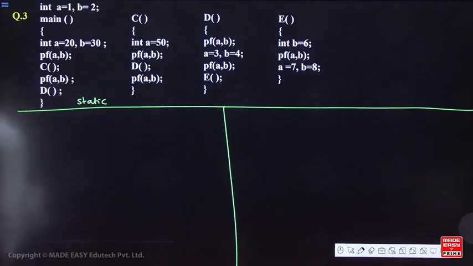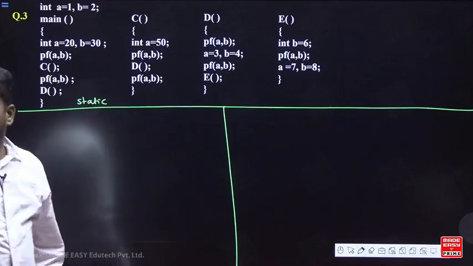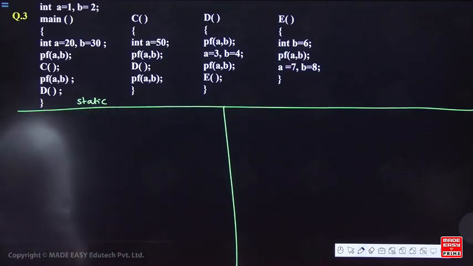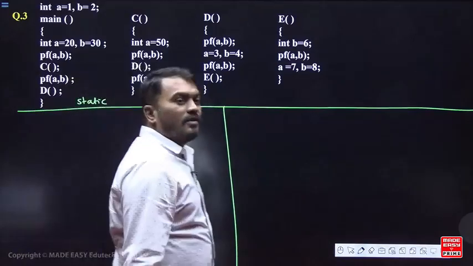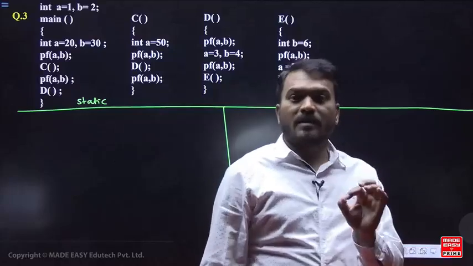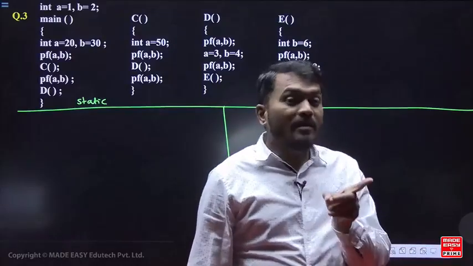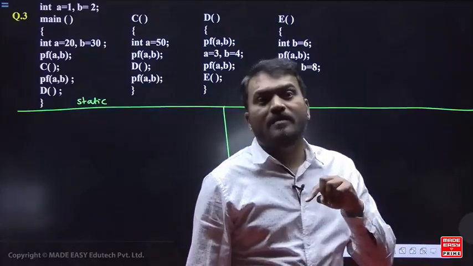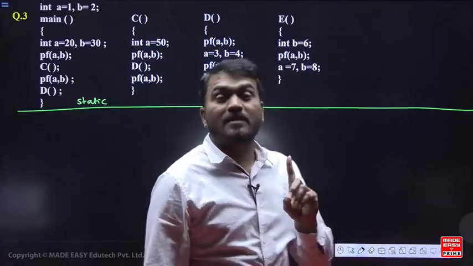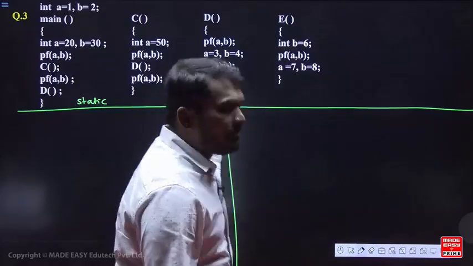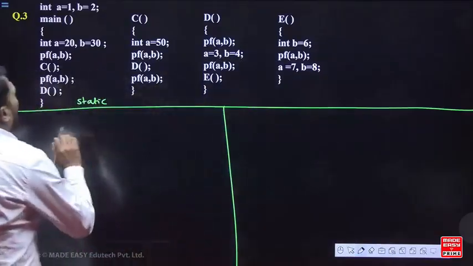Those who did mistake, follow carefully when I am explaining. In the middle if you go and ask why this is coming, I cannot explain. It's very difficult to come back. So follow carefully.